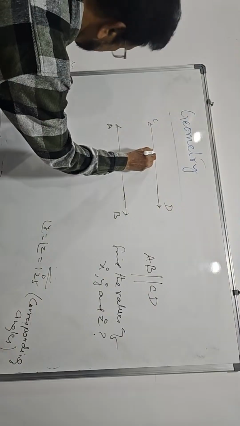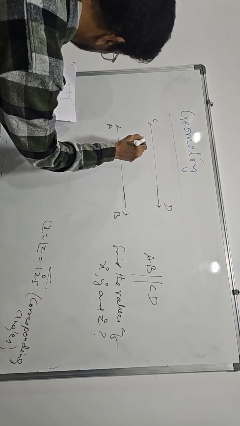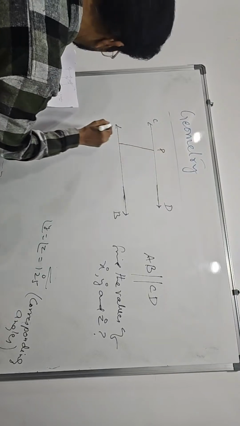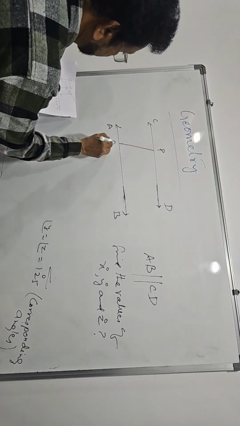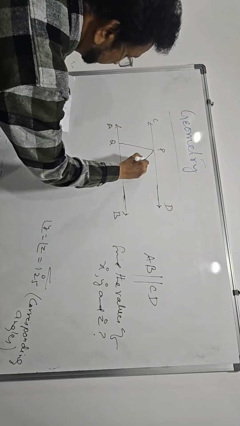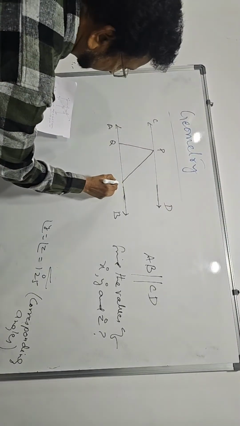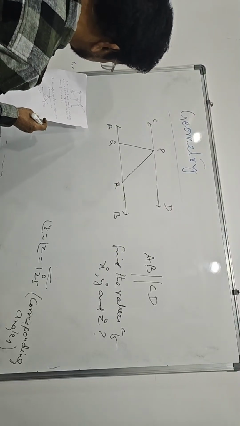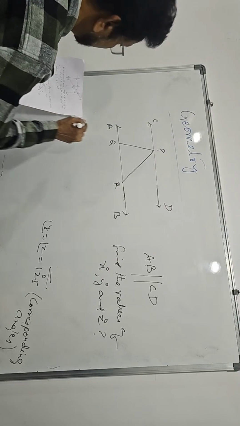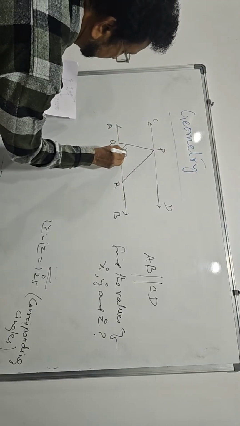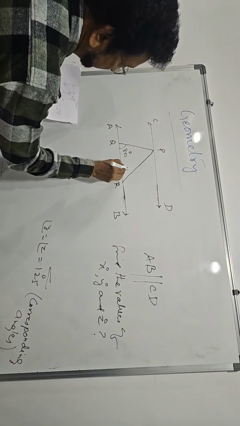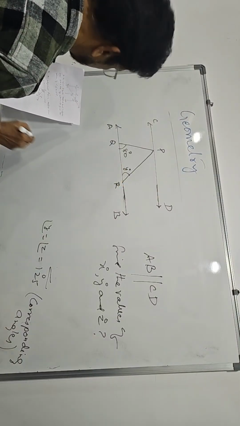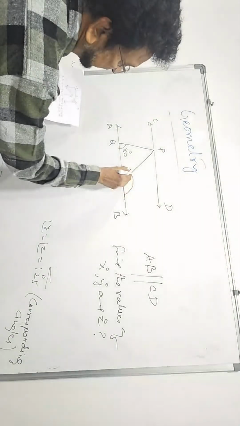See, I am drawing a line here. PQ, this is R. PQR is given. This is 80 degree. This is Y degree. This angle is Z degree.